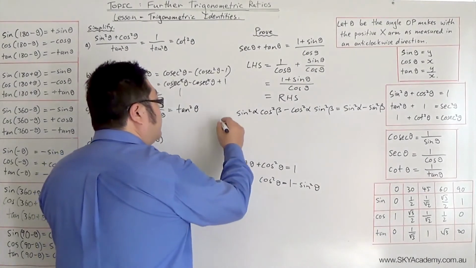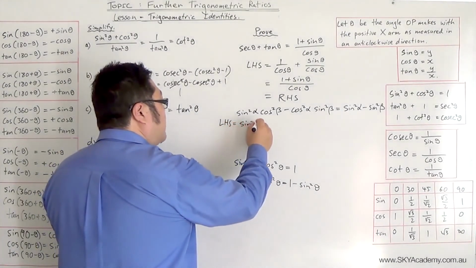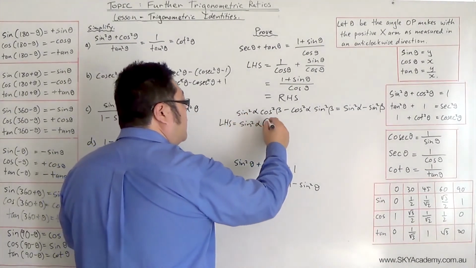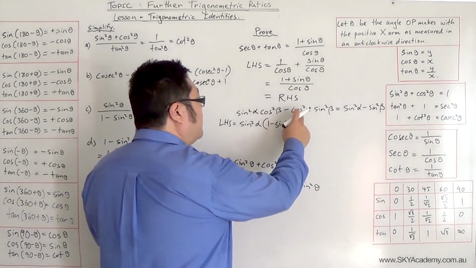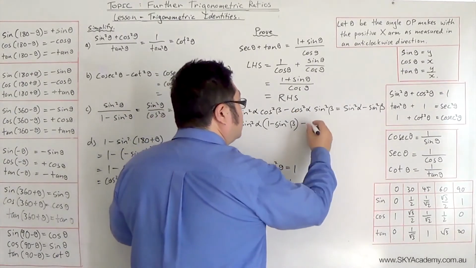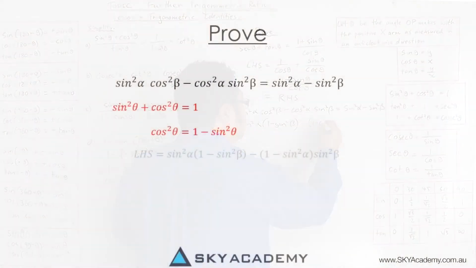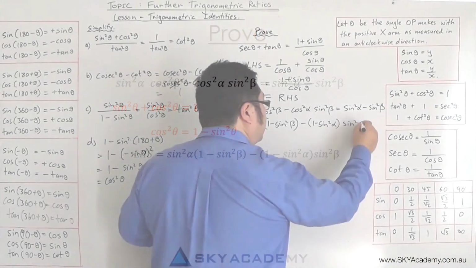So the left-hand side is equal to sine squared alpha, which doesn't change, but we're going to replace the cos squared beta with 1 minus sine squared beta. So cos squared alpha becomes 1 minus sine squared alpha, times sine squared beta.